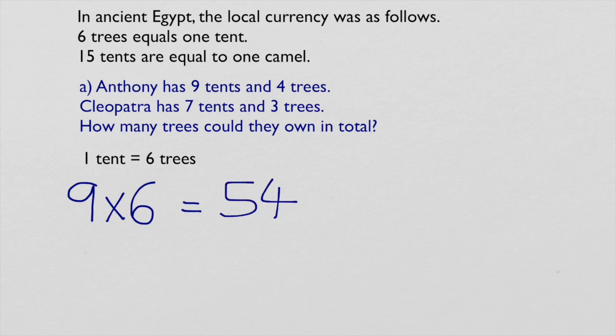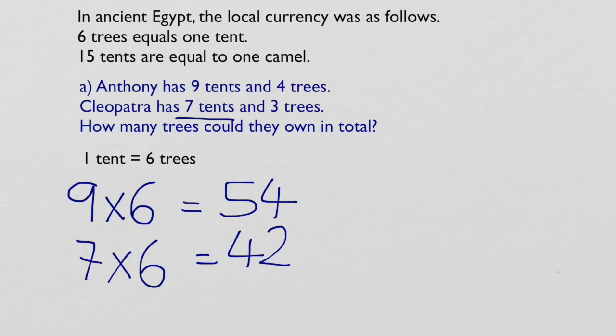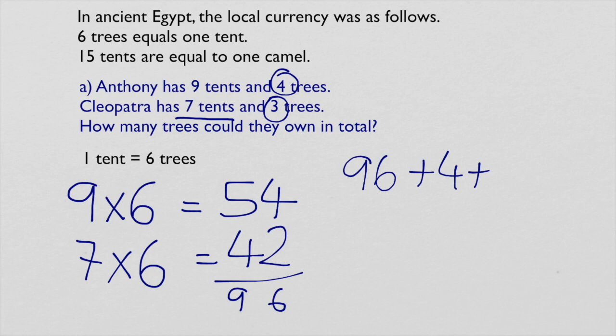And then for Cleopatra, she has 7 tents. So with the same currency, 1 tent equaling 6 trees, I do 7 times 6 equals 42, and I add those two numbers together, and also our initial 4 trees for Antony and Cleopatra's 3 trees, and I total them all together, and the answer is 103 trees.